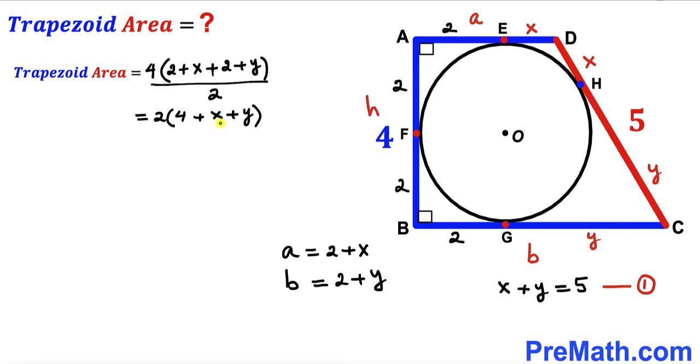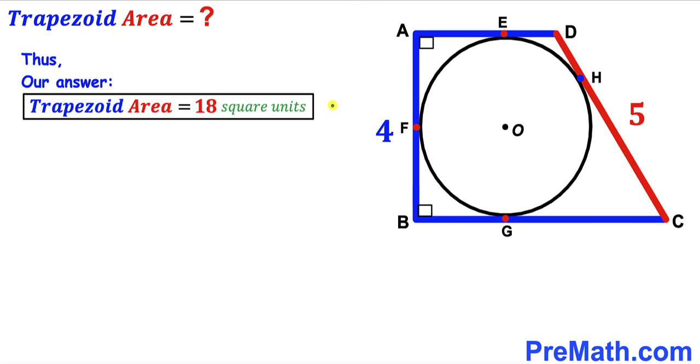So I'm going to substitute x plus y as 5. So we could write 2 times (4 plus 5), which is 2 times 9, equal to 18 square units, the area of this trapezoid ABCD. Thus, after all the calculations, the area of this trapezoid turns out to be 18 square units, and that's our final answer.